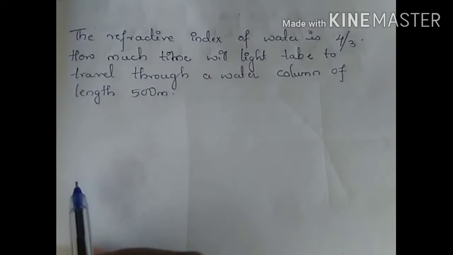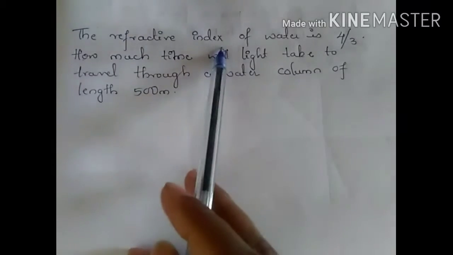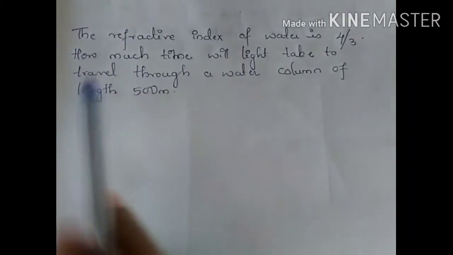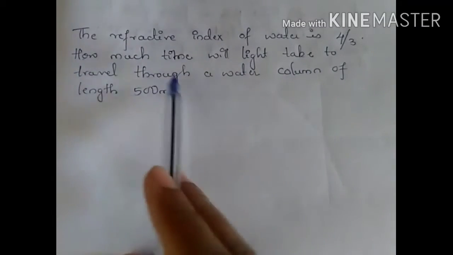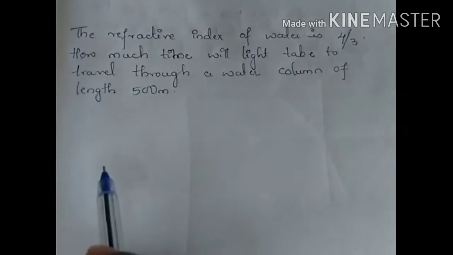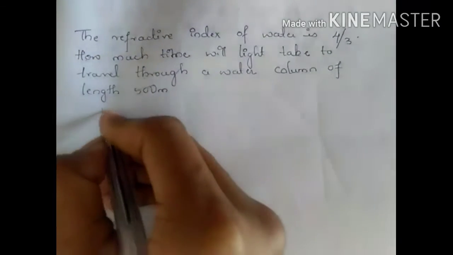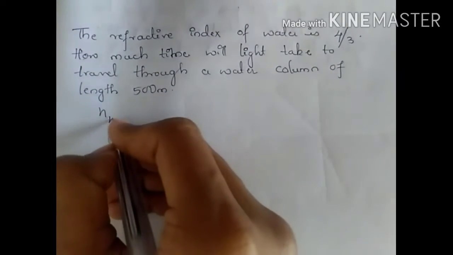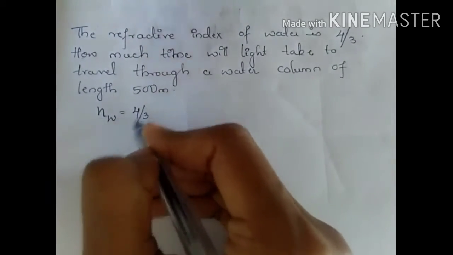So the first problem here says the refractive index of water is 4/3. How much time will light take to travel through a water column of length 500 meters? So here the refractive index of water is given, which is 4/3.